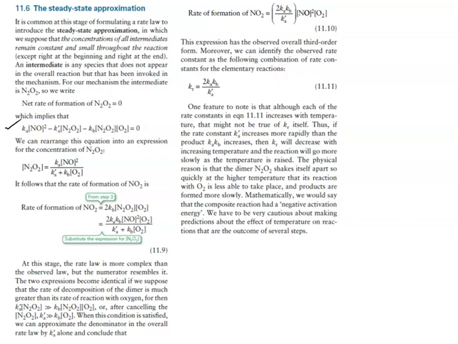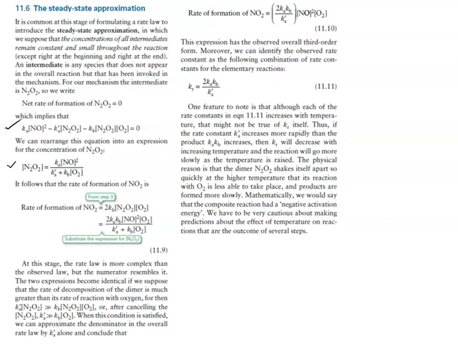We can now rearrange this equation into an expression for the concentration of N2O2, where N2O2 equals K sub A times the concentration of NO squared over the sum of K sub A prime plus the product of K sub B times the concentration of oxygen.